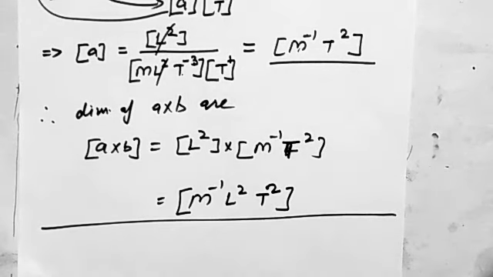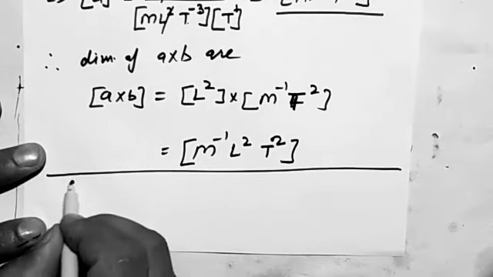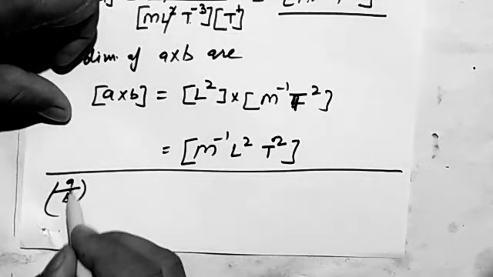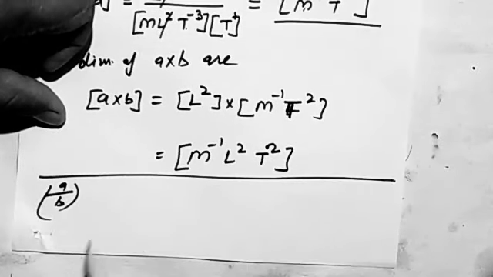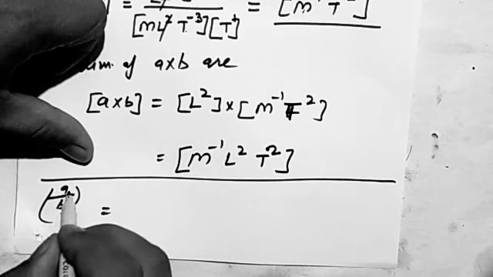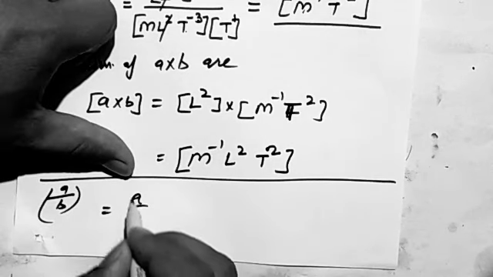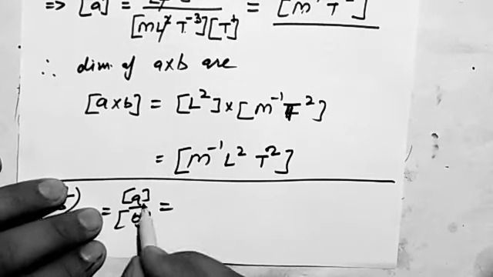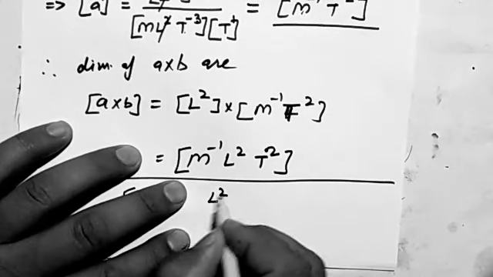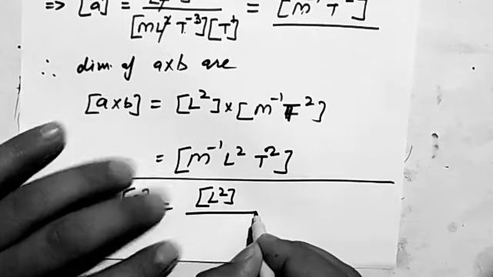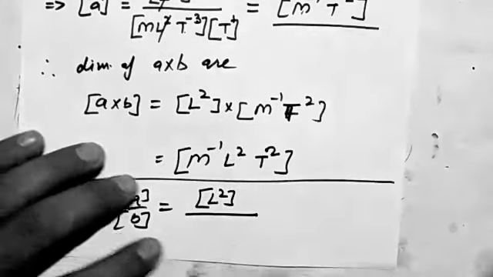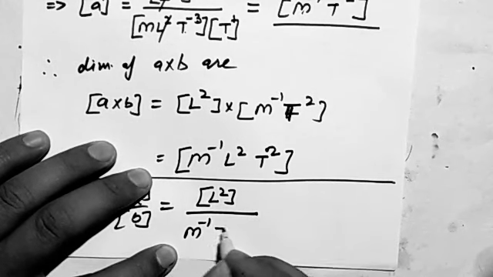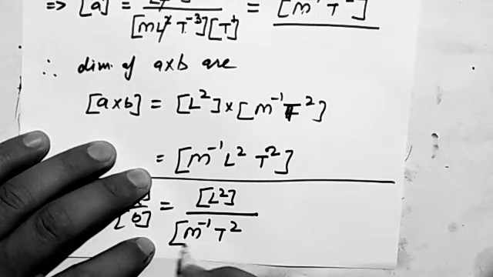Similarly, the question may be changed like this. In the same question, you may be asked to find the dimensions of A upon B. So how will you calculate it? Very simple. We have the dimensions of A and B, so you have to find the dimensions of A upon the dimensions of B. We know the dimension of A is m minus 1 T2, upon the dimensions of B, which we found as L2.